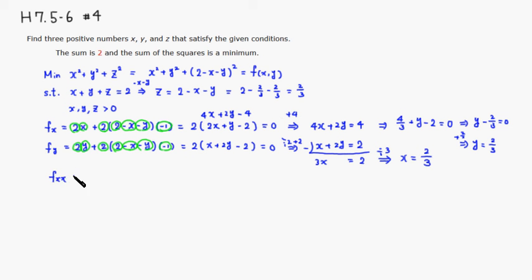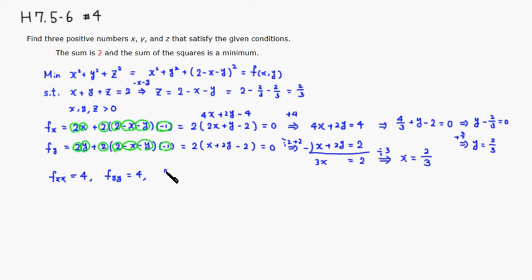So we have f_xx, the second partial with respect to x. Maybe it's easier to look at this. Second partial with respect to x is going to be 4, right? Second partial with respect to y is going to be 2 and 2, so it's going to be 4 as well.